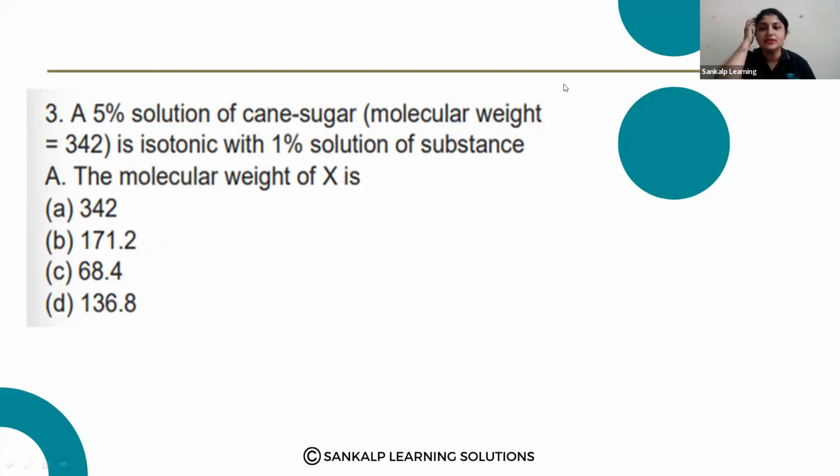A 5% solution of cane sugar, molecular weight is given as 342, is isotonic with 1% solution of substance X. The molecular weight of X is, okay. A 5% solution of cane sugar.